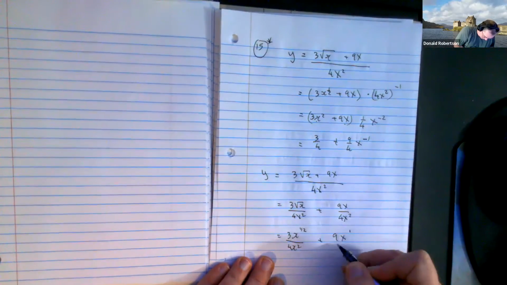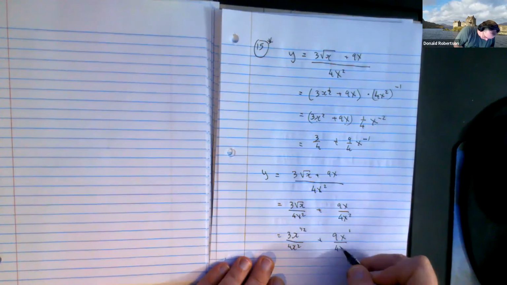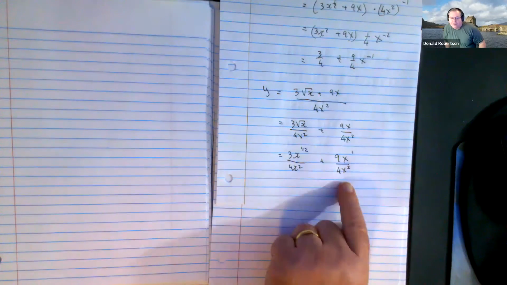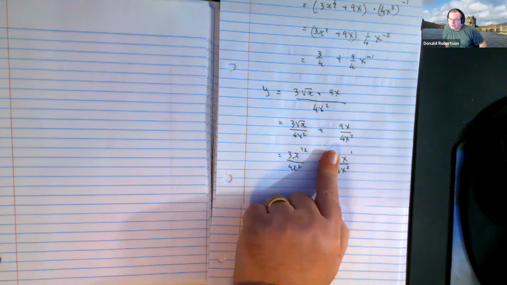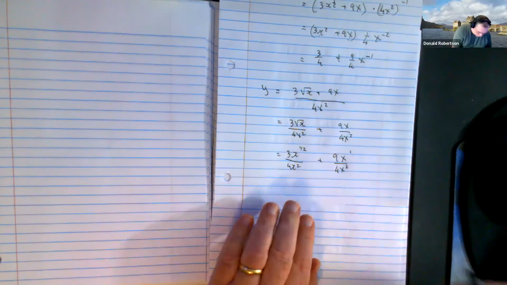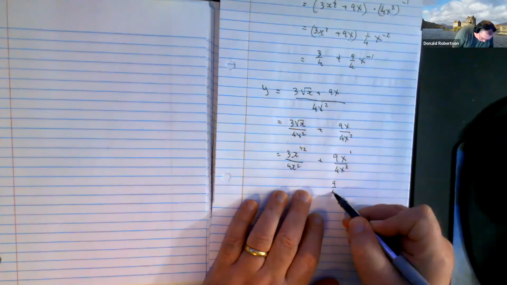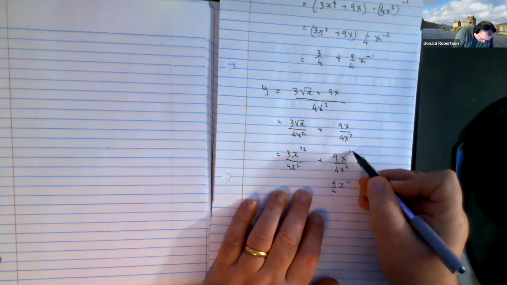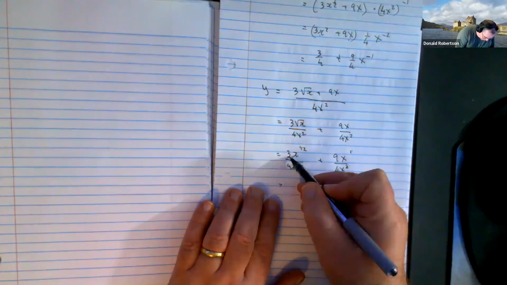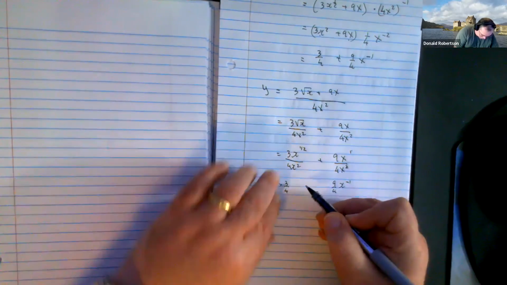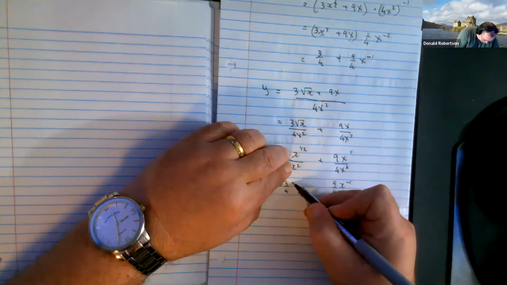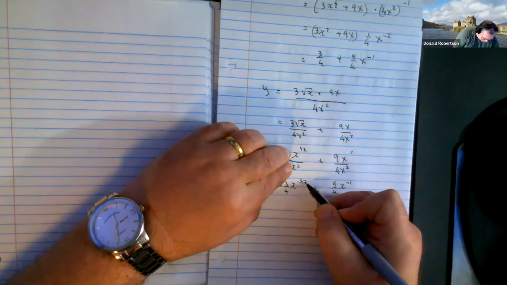Although I don't need the 1, I'm going to put it in for emphasis. Can you remember when you had powers of x on the top and bottom? Wasn't the rule take the first one and subtract the second? So won't this guy become 9/4 x to the -1, right? 1 take away 2. And this one will become 3/4, and a half take away 2 is -3/2.